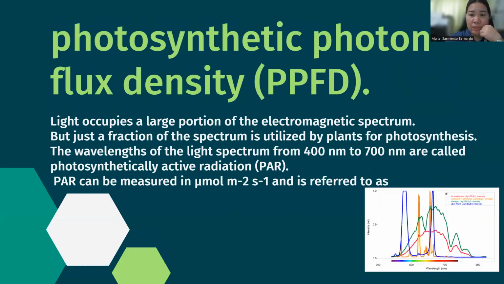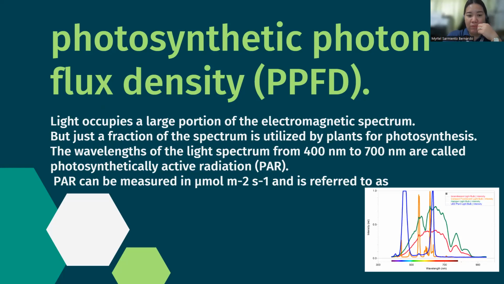The photosynthetic photon flux density, or PPFD, occurs in a large portion of the electromagnetic spectrum, which is the fraction of the spectrum utilized by plants for photosynthesis.